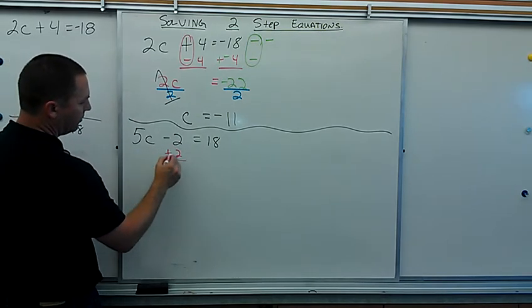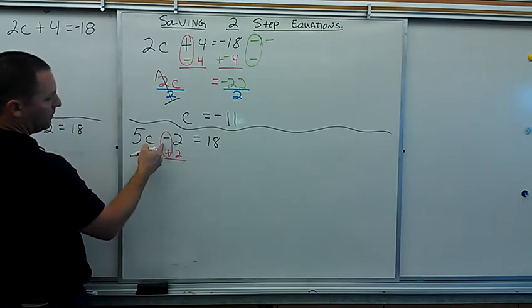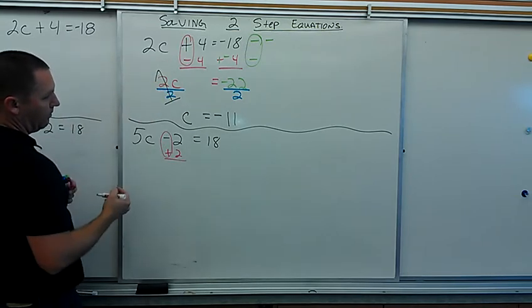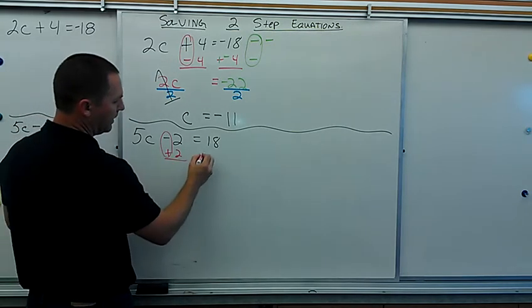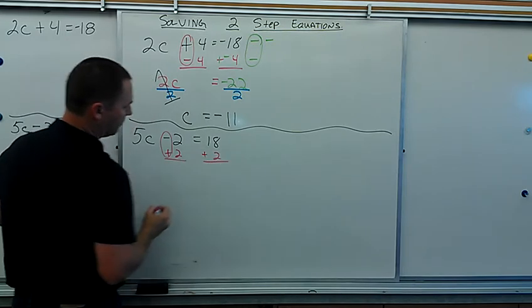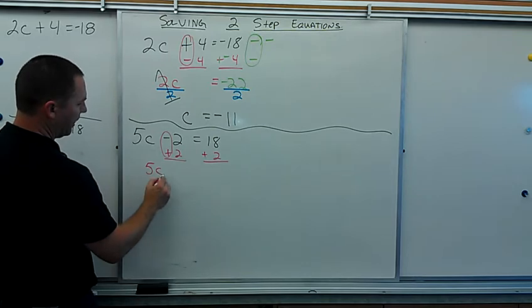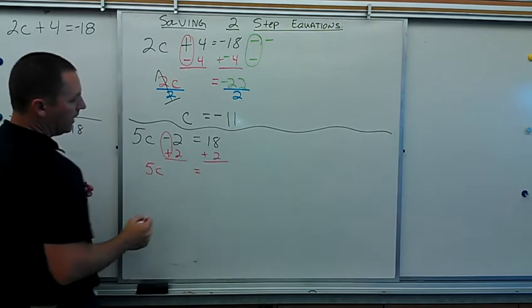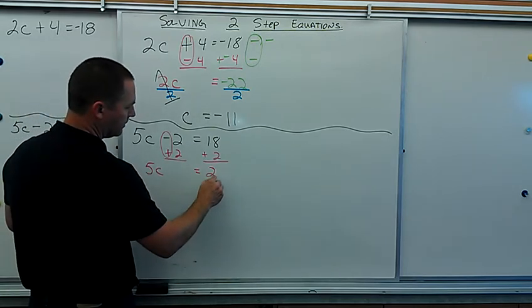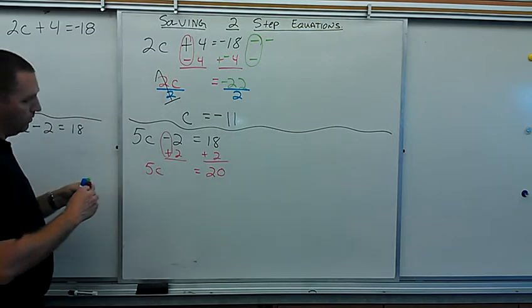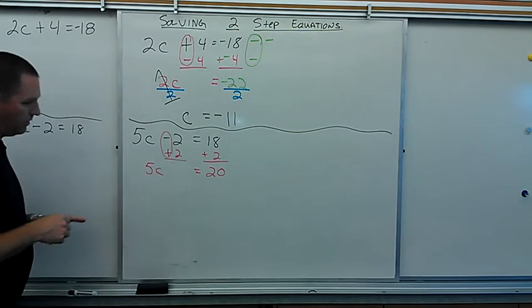So I'm going to add 2. Again, these are always opposite signs, just like up there. If I add 2 beans to this side, I need to add 2 beans to the right-hand side. So what I'm left with here is 5c equals, and 18 plus 2, of course, is 20. No need to do a diagram because they're all positive.